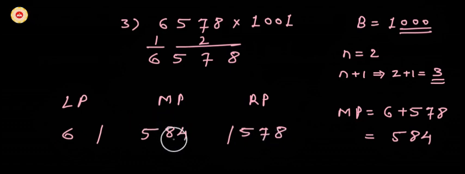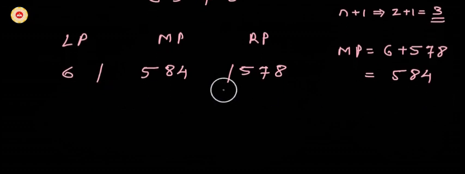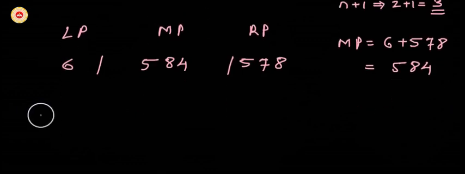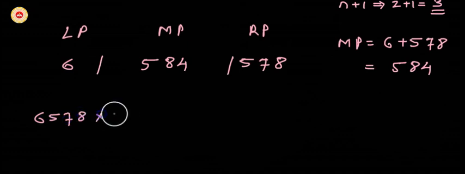Come to the middle part. How many digits are there? 5, 8 and 4. 3 digits. So no need to make any changes. So already it is balanced. Now it is time to remove the slash and write the final answer. What is the multiplicand? 6, 5, 7, 8 multiplied by 1001, which is equal to.